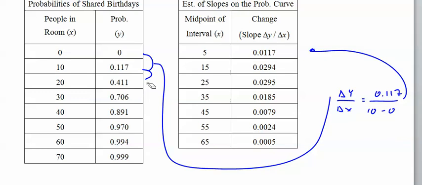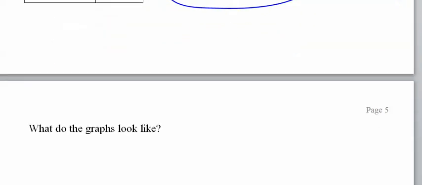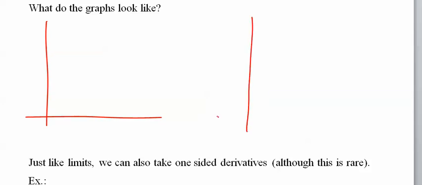So what do the graphs look like, and what do they mean? Well, the graph of the probability looks something like this.